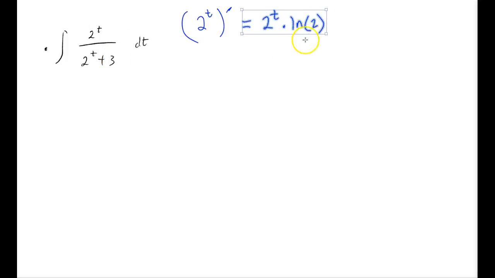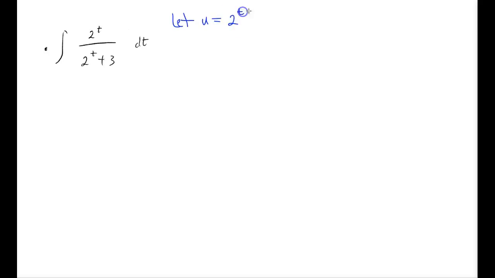So using the denominator covers more stuff, so let's go ahead and use that for our u substitution. So erase these bits here. All right, so we're going to let u equal 2 raised to the t plus 3.